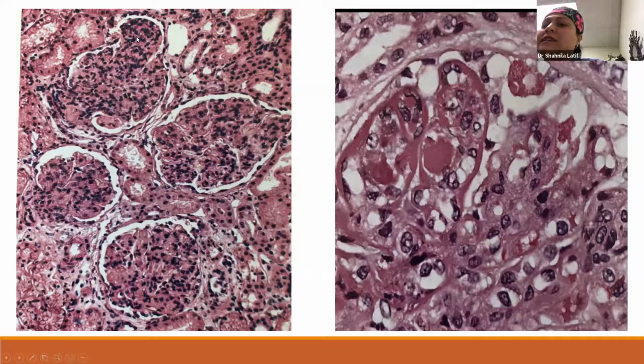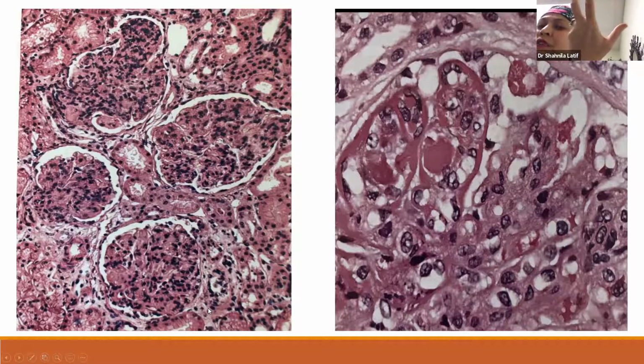They have this kind of lobular accentuation. Maybe you heard that word. It simply means that you cannot see any capillary loops there. They appear to be all gone, and there is a lot of mesangial proliferation as well as inflammatory cells there.